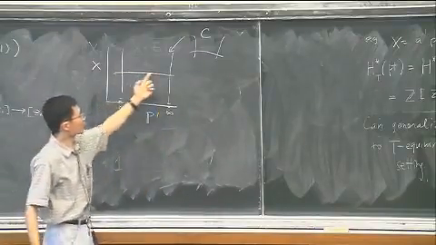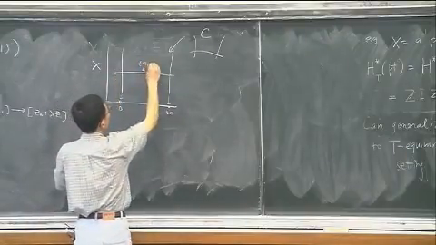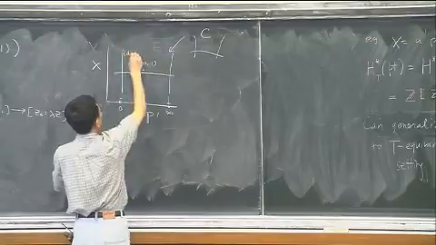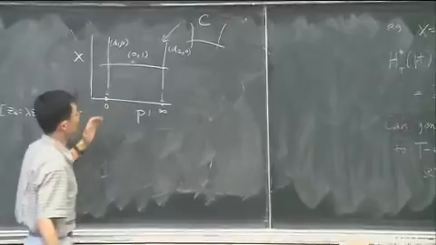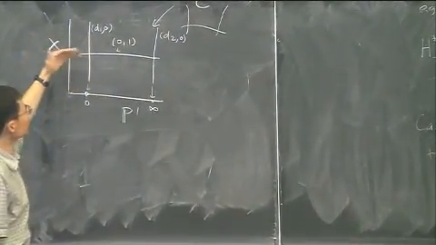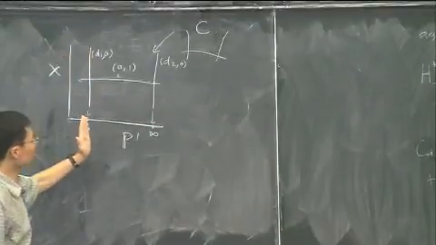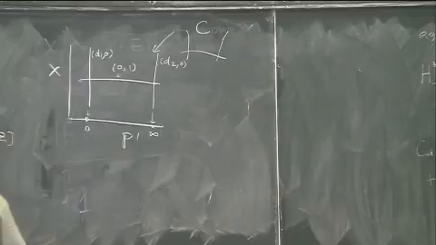This guy will have degree 0,1, this guy will have degree D1,0, and this guy will have degree D2,0, right? D1 means it maps to X non-trivially, but maps to P1 trivially, maps to 0, etc. Is that clear? This is the only way it could be a T-fixed map.